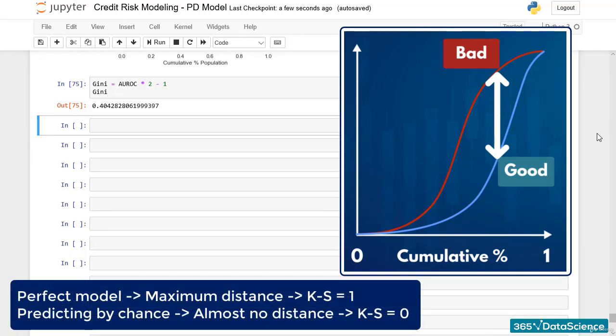If our model was perfect, it would estimate such probability of being a good borrower that it would set the two cumulative distributions as far from one another as possible. Then the KS statistic would be 1. In the opposite case, if our model was as good as predicting by chance, the two cumulative distributions wouldn't differ with respect to estimated probability of being a good borrower, and the KS would be 0.